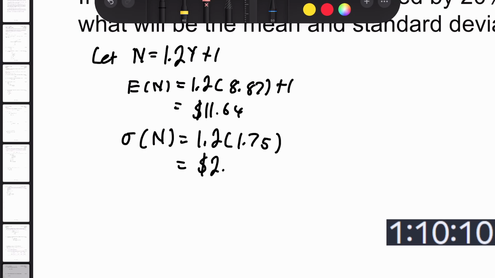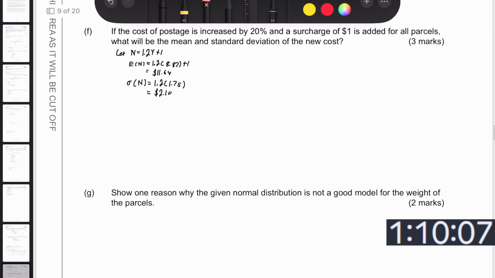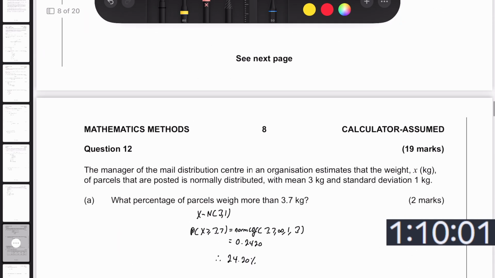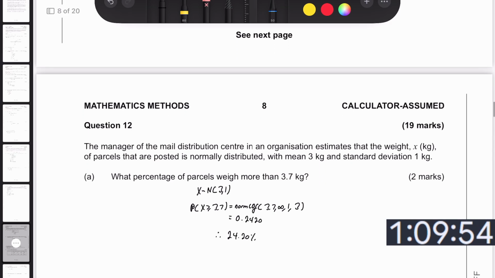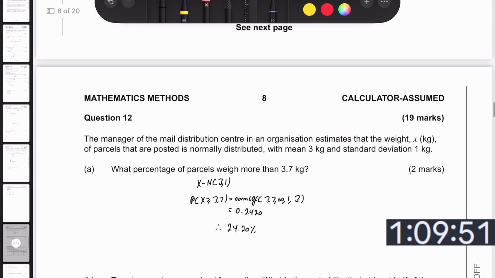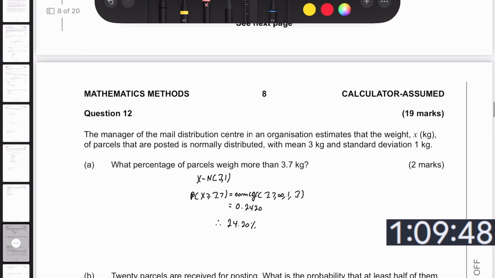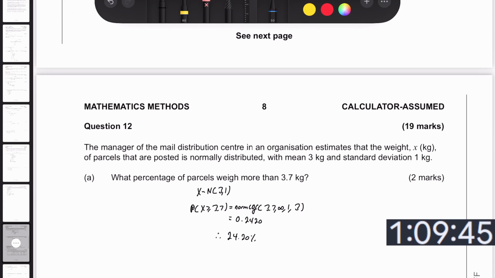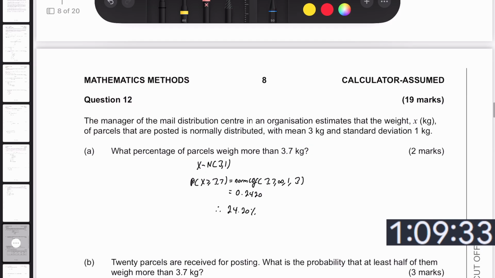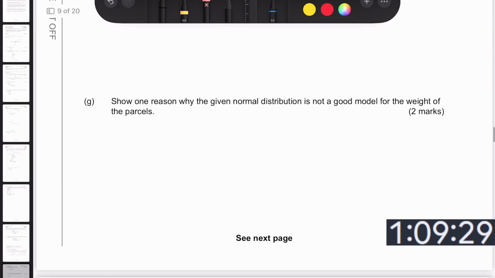Give one reason why the normal distribution is not a good model for the weight of the parcels. Right, a normal distribution is not a good model.